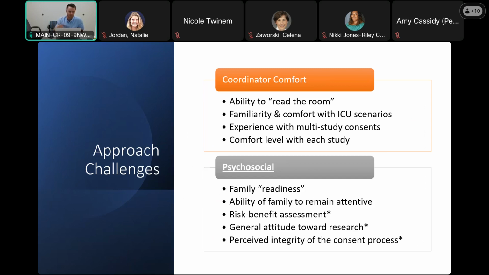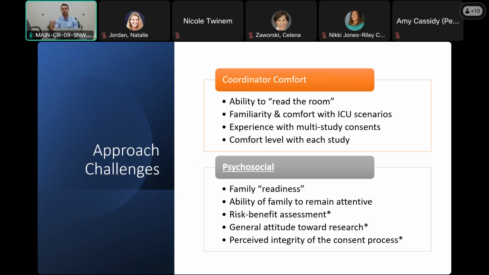There are some psychosocial challenges, so the family's readiness, which I kind of touched on, their ability to remain attentive. For some of our trials where they might have shorter windows to approach, the parents might have been awake for greater than 24, 36, maybe even 48 hours because of everything that they've been going through.